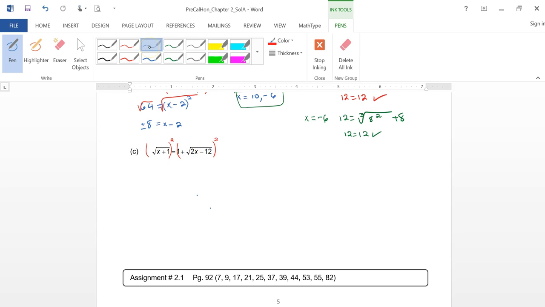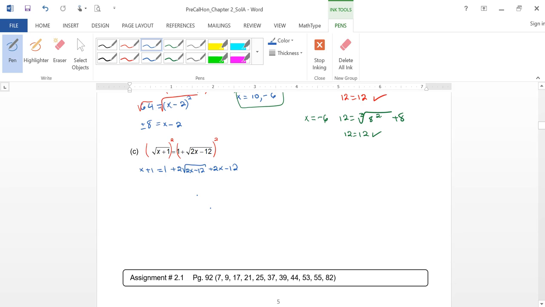Now, here we get x plus 1 equals. When you're squaring this, you square 1, you get 1. You square the last term, you get plus 2x minus 12. And the middle term is 2 times, so positive 2 times the square root. Okay, that's a critical step.